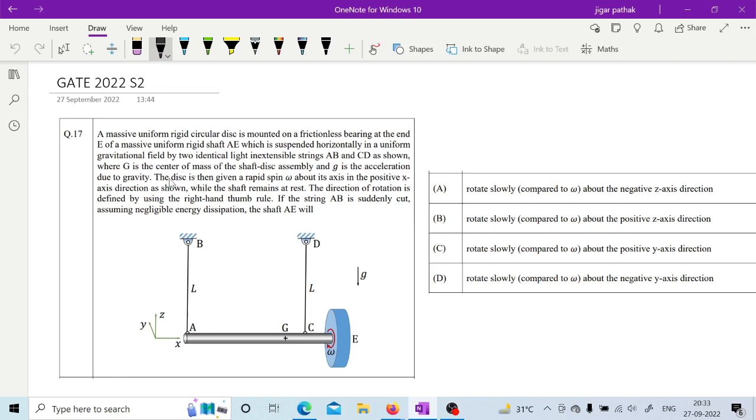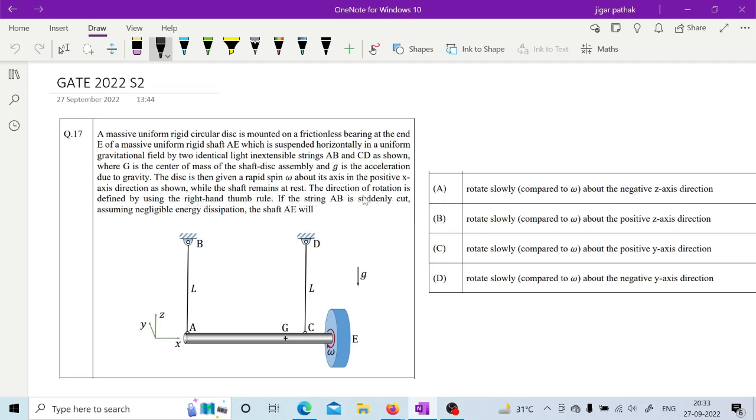Now, G is the center of mass of the shaft disc assembly and g is the acceleration due to gravity. Now the disc is then given a rapid spin omega about its axis in the positive x-axis direction as shown, while the shaft remains at rest.